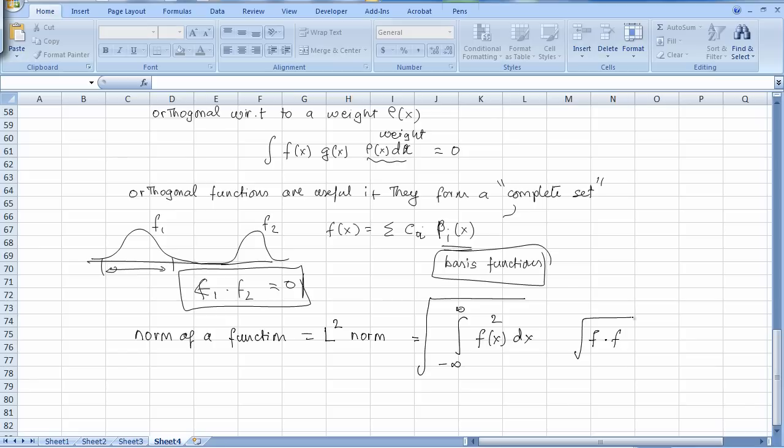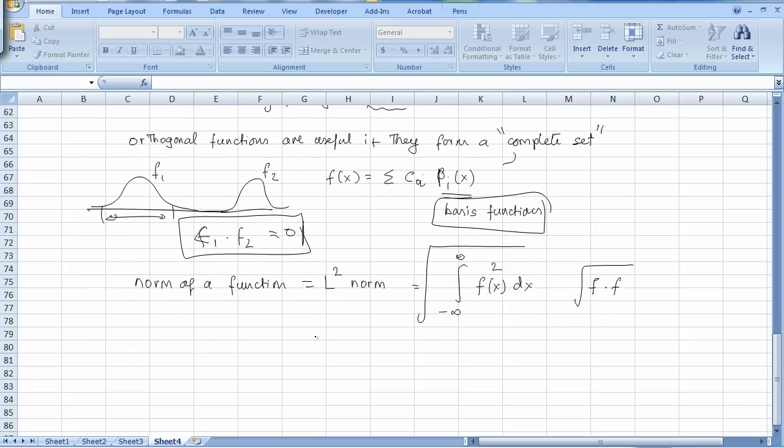You can generalize this in many ways. For example, there are the p norms, L^p, which look like the integral of the magnitude of f of x to the power p dx, all to the power 1 over p.